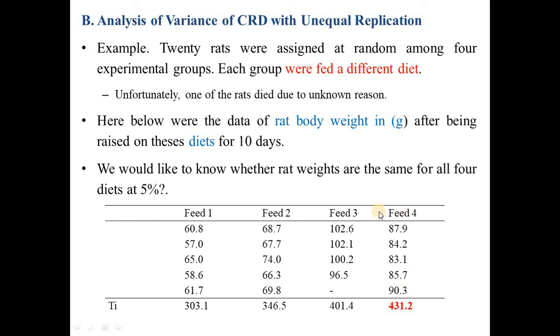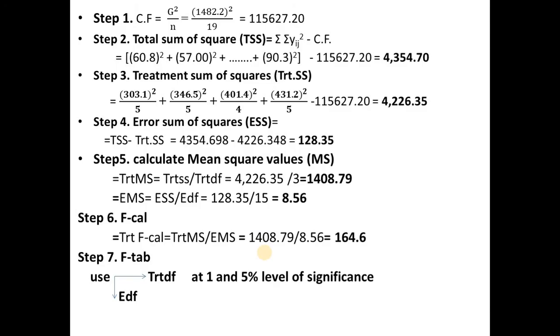Here we have all observations, meaning 1, 2, 3, 4, 5, 6, and so on up to 20. Then all those values are squared and summed up, and the correction factor is subtracted in order to get the total sum of squares.